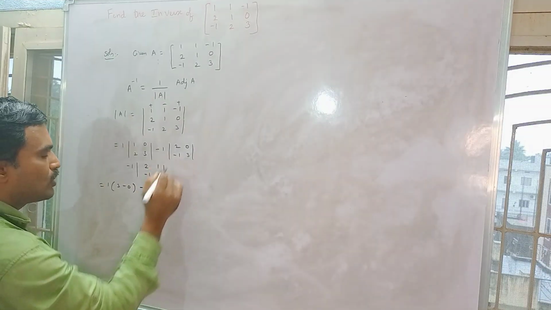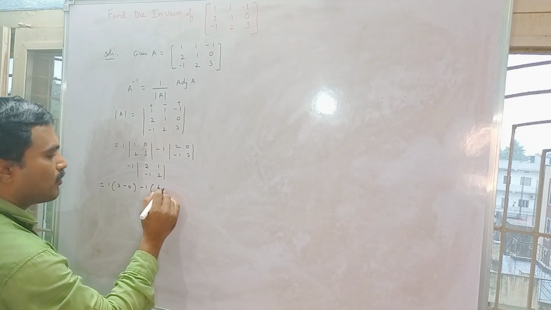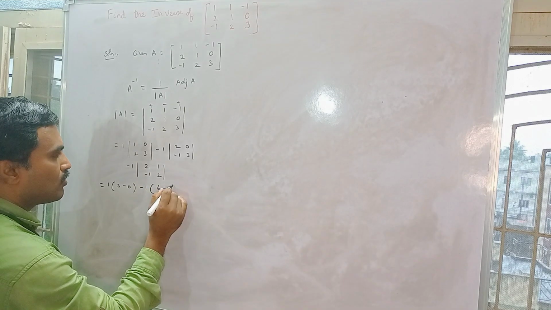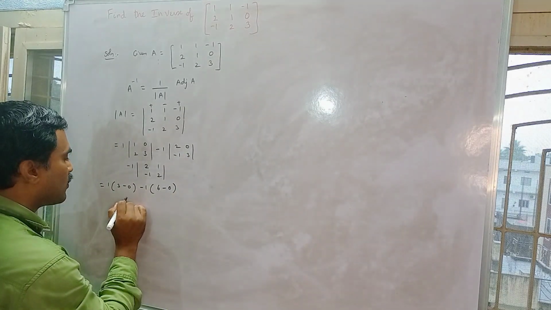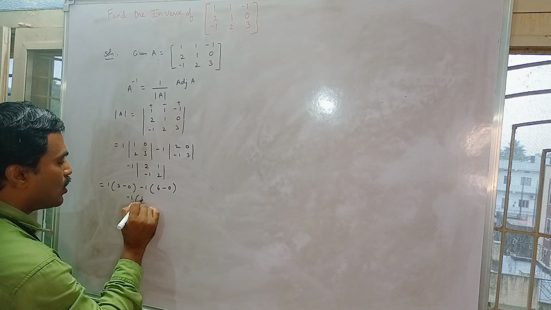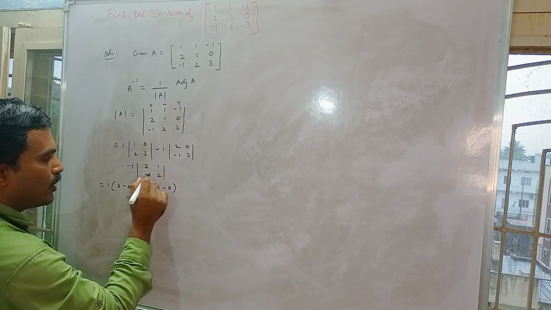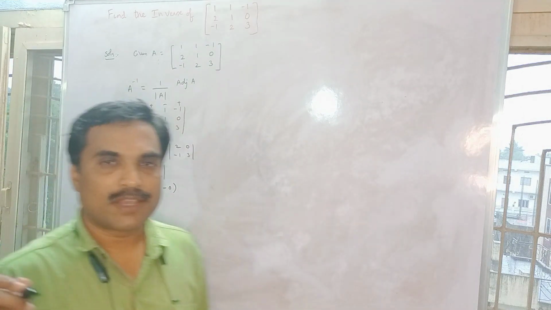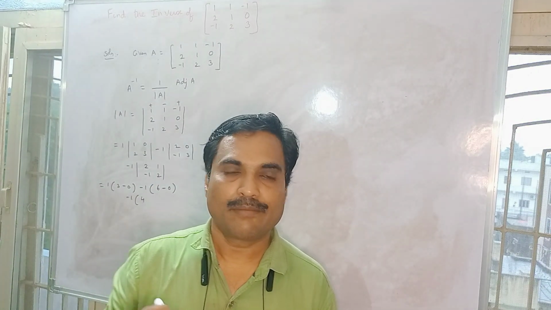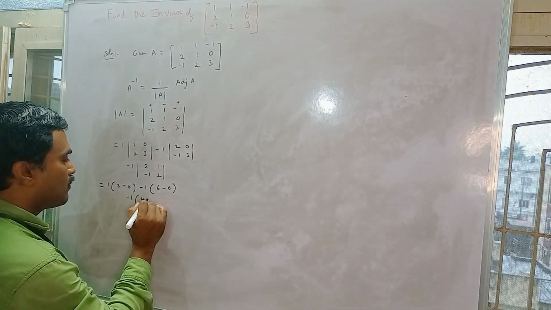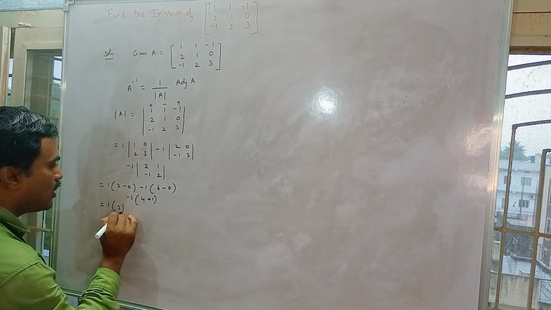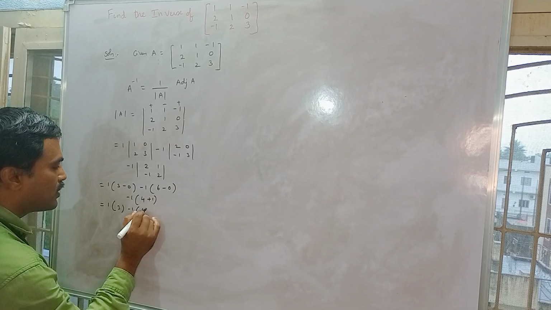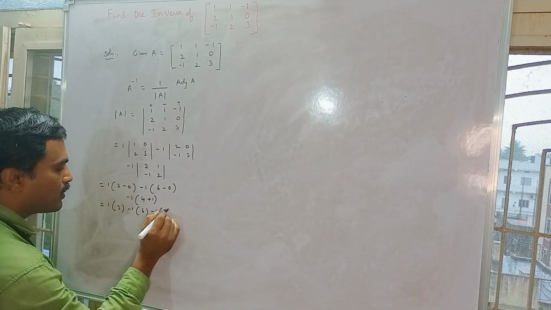Minus 1, 2 into 3 is 6, minus 0 into 1 is 0. Now minus 1, 2 into 2 is 4, minus 1 into minus 1, which is plus 1. Since minus 1 is there, we get plus. So this will be 1 into 3 minus 0 is 3, minus 1 into 6 minus 0 is 6, minus 1 into 4 plus 1 is 5.